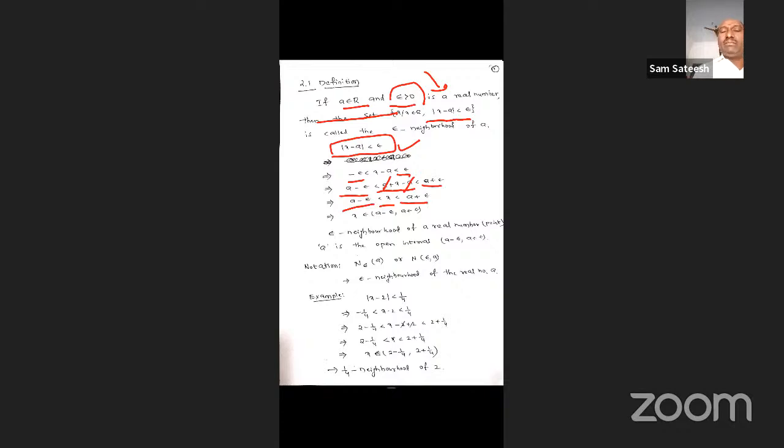It means x belongs to the interval a minus epsilon comma a plus epsilon. Suppose x is a number; the left neighborhood is a minus epsilon and the right neighborhood is a plus epsilon. This is the total meaning of mod x minus a less than epsilon.